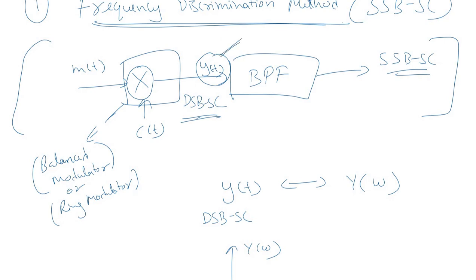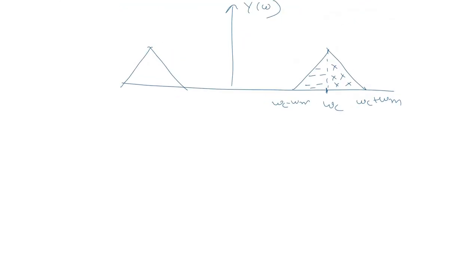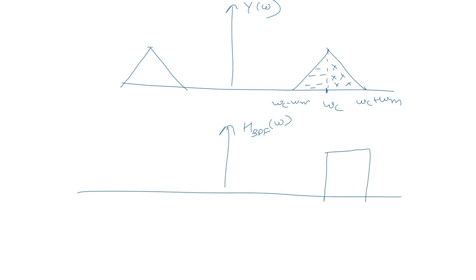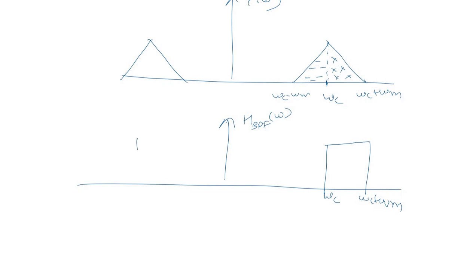Now we further pass it through a band pass filter. The frequency response of the band pass filter can be either this, spreading from omega c to omega c plus omega m, and similarly over here, minus omega c plus omega m.